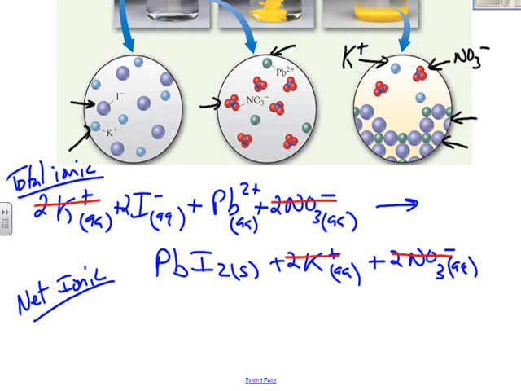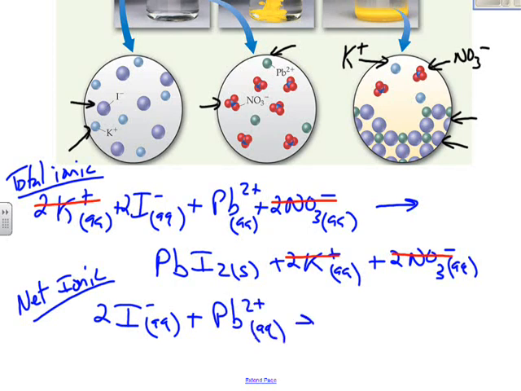Those two ions remained unchanged, so we would rewrite it with our iodide ion plus our lead 2 ion, producing lead 2 iodide as the solid precipitate.